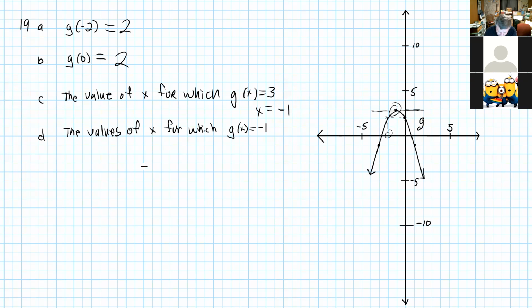Find the values of X for which G of X equals -1. So X would be -3 and 1. Good job. All right, we okay with that one?